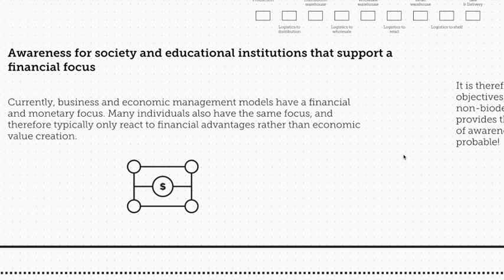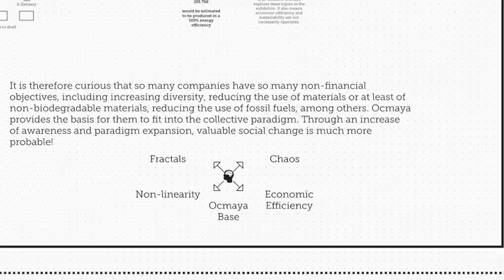We only perceive it as efficient because we only see a very small part of it, but we ignore the other dimensions, like economic efficiency and so on. And this is only one very small point, one of the expected 90 exhibitions of Ocmaya. And thus, there is an opportunity to expand.